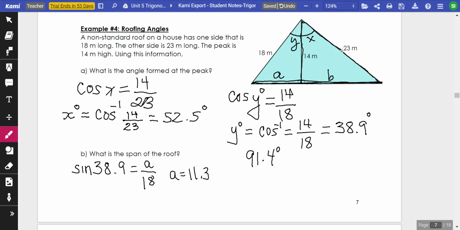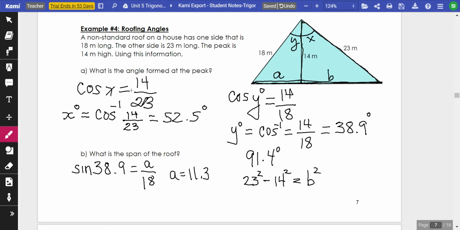Since we know two of the other sides, 14 and 23, we could solve for B using the Pythagorean theorem. So let's try it that way. So 23 squared. Now, because we know the hypotenuse, this is a subtract question. I'll subtract the square of the other leg, and that equals B squared.